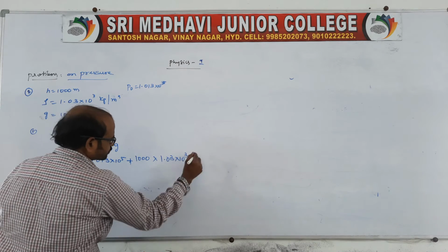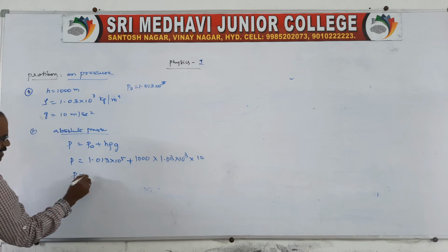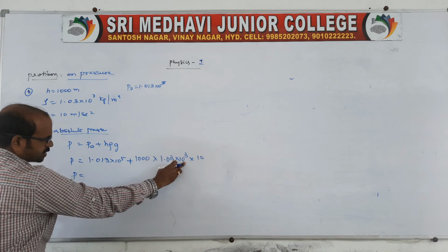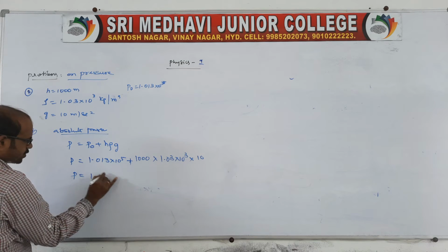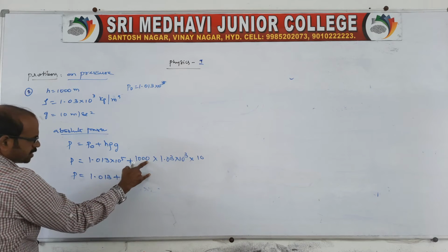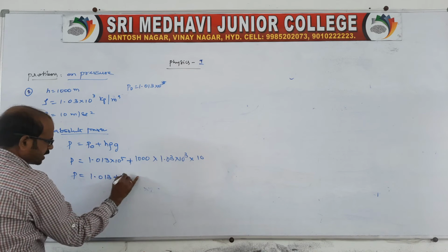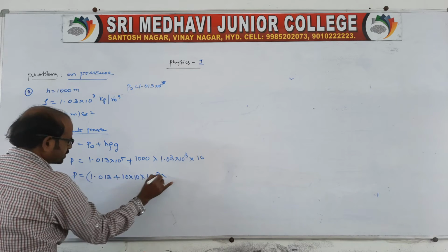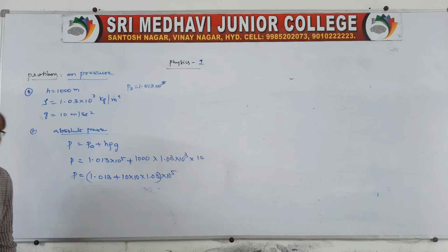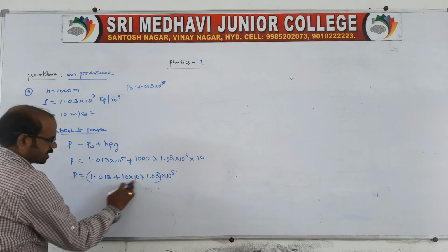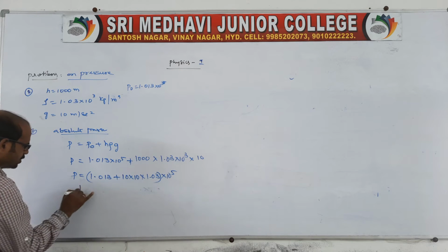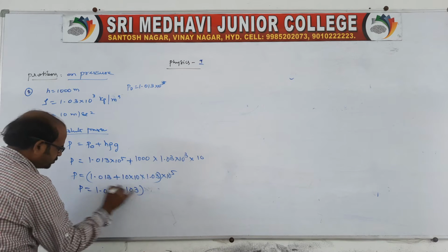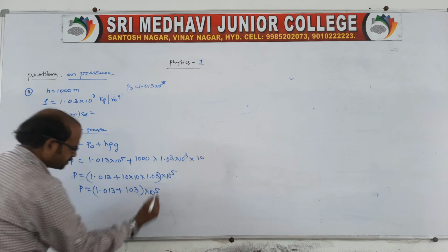Better you do one thing: take 10 power 5 as common, so it becomes 1.013 plus 103 into 10 power 5.